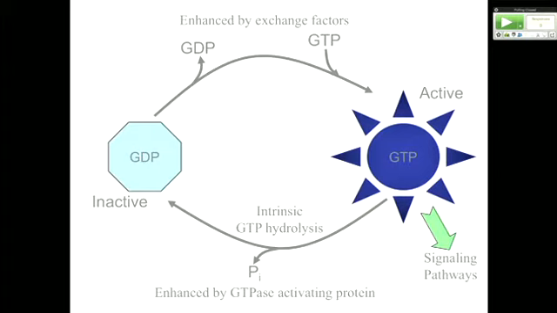That's the normal G protein cycle that we've seen. And is it the normal cycle that we see with the small G proteins?